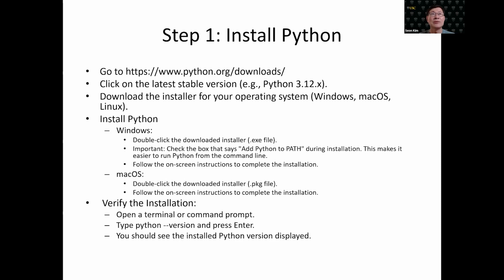So right now, version 3.12 or 3.13, those are the stable versions. And then here, we can verify the installation. You can simply type this command, python and the version, and then you can see the version.